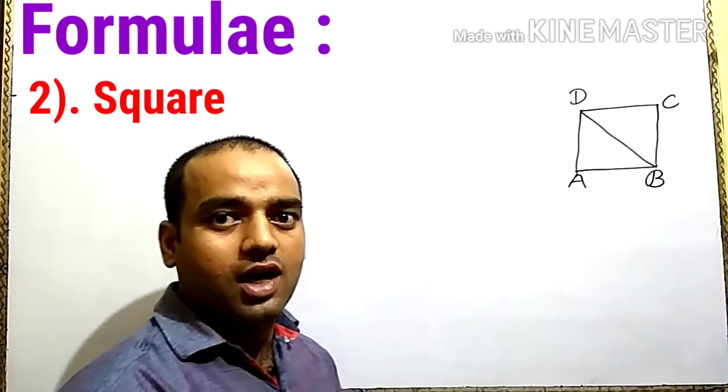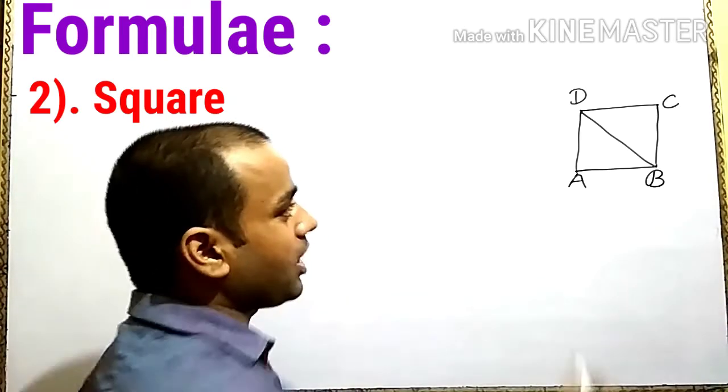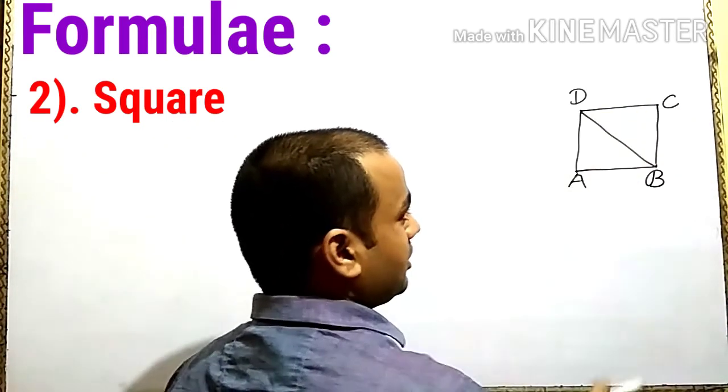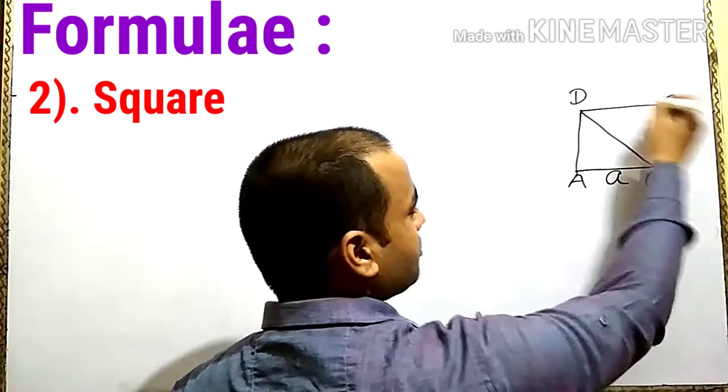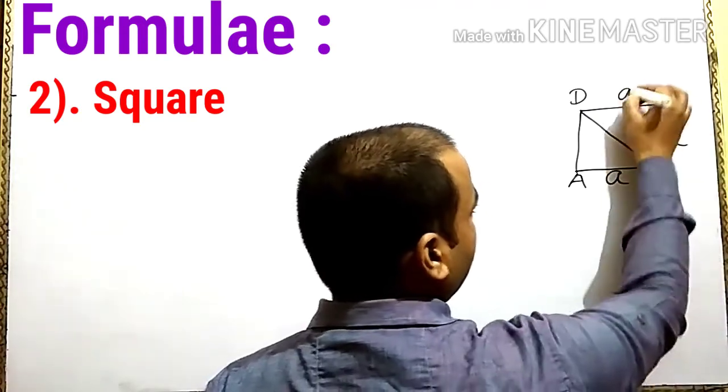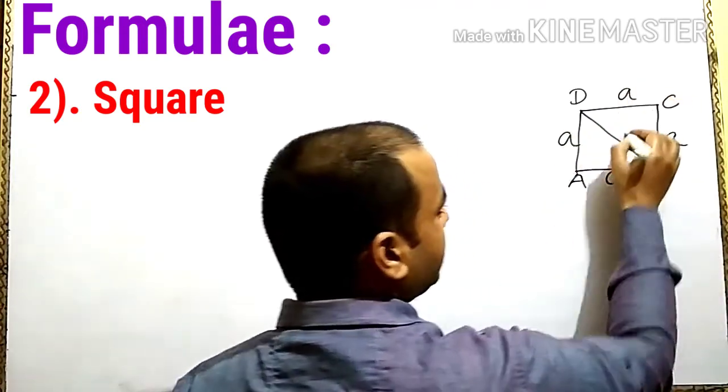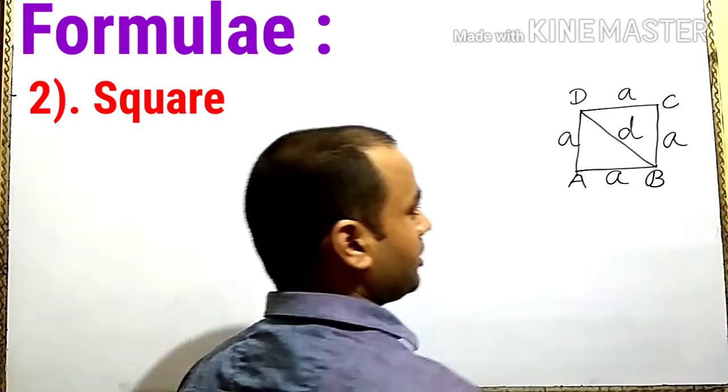Now let us discuss the second figure, a square. First we take a square A, B, C, D, each of whose sides is a. All sides of a square are equal to a, and the diagonal is denoted by small d.